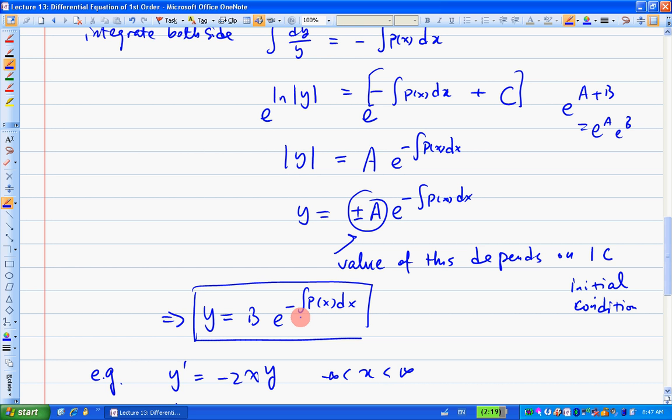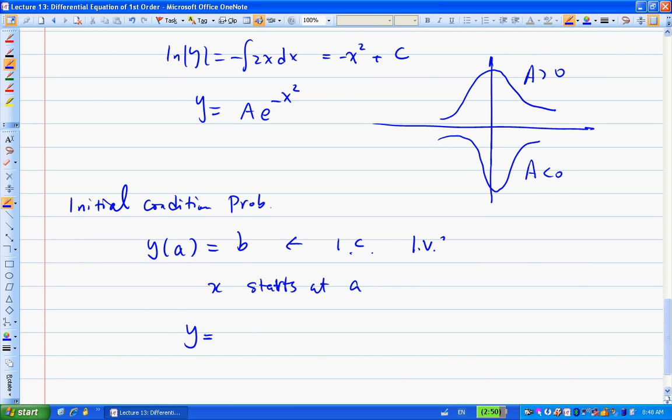The reason we didn't specify is because we don't know where x starts, or the question didn't tell us where x starts. But now if the question tells you the initial condition, the initial value, so now you know where the x starts. If you know where x starts, then instead of an indefinite integral, we can use a definite integral. So that y, you can write it as, what I use, b, e to the power negative integral, right?